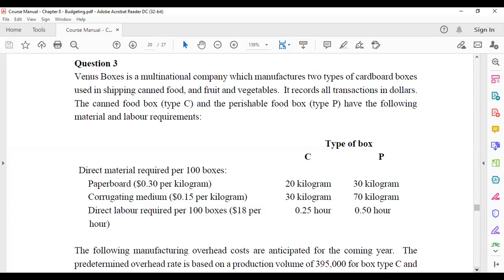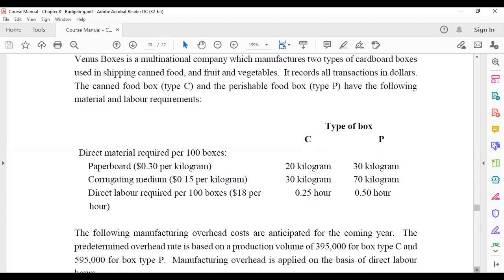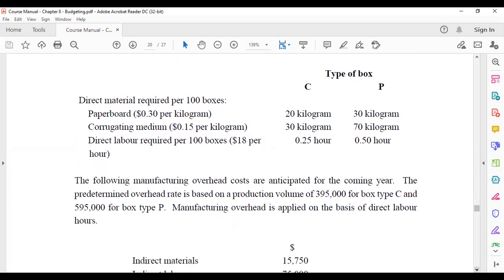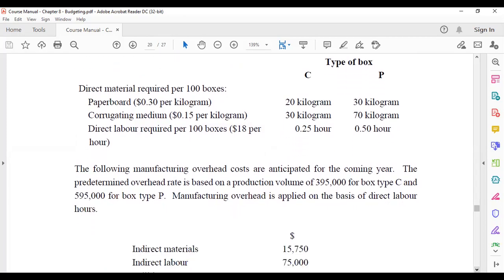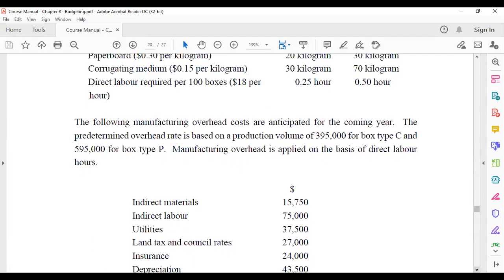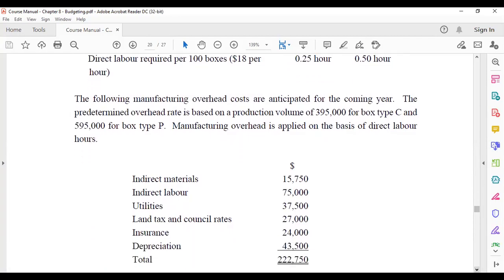You can say it takes 2 materials and also the direct labor that it takes. Then how about the manufacturing overhead? Let's see. The following manufacturing overhead costs are anticipated for the coming year. So you are provided with the budgeted manufacturing overhead: indirect material, indirect labor, utilities, land tax and council rates, the insurance, depreciation as such.